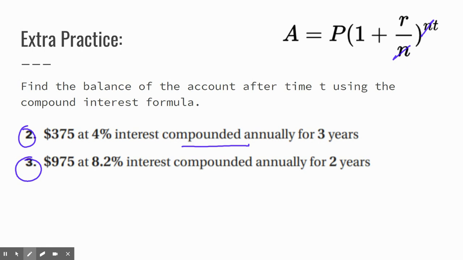All right, Alyssa, what'd you get for number 1? Or number 2, technically? I got 421.86 cents. Perfect. So 421 and 82 cents. Good. Number 3, Caden, what'd you get?